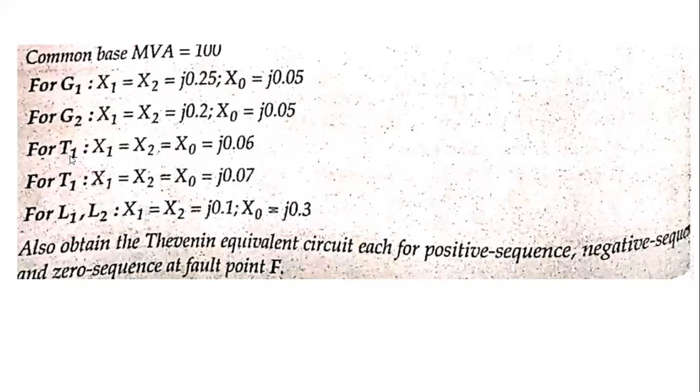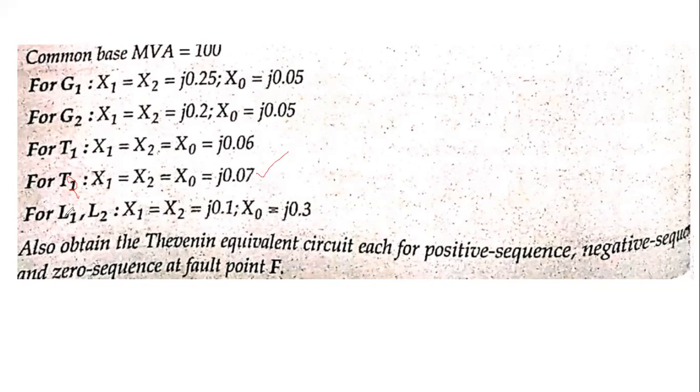Next, for transformer 1, X1 equal to X2 equal to X0, that is positive, negative, and zero sequence reactance, is equal to J0.06. Similarly, for transformer T2, X1 is equal to X2 is equal to X0 equal to J0.07.